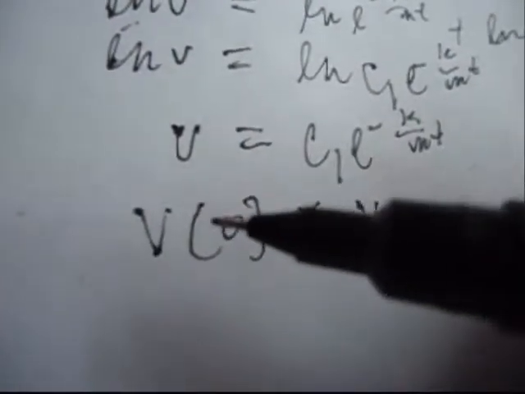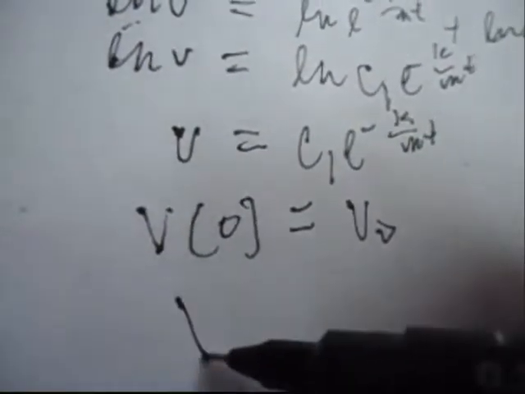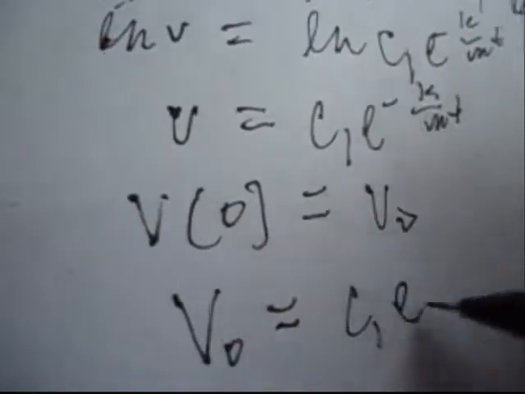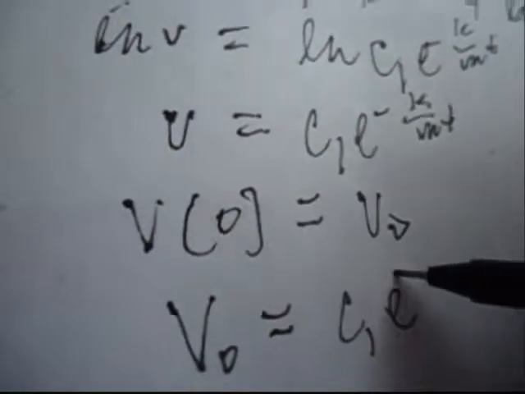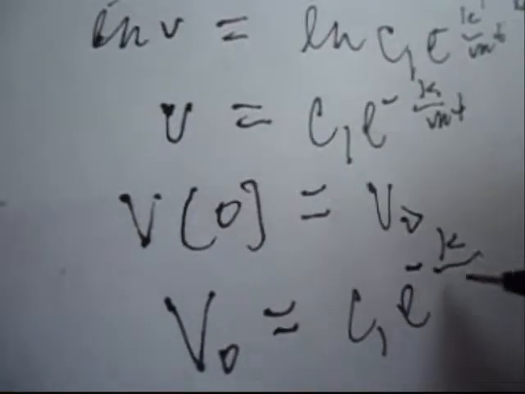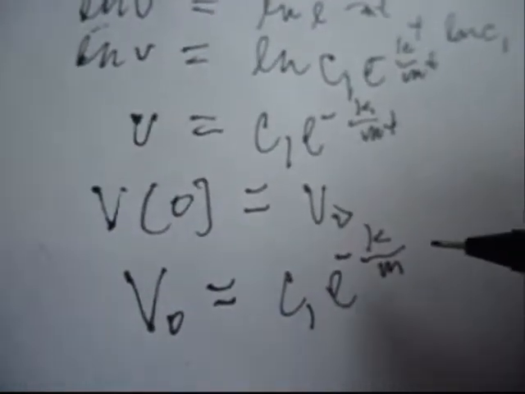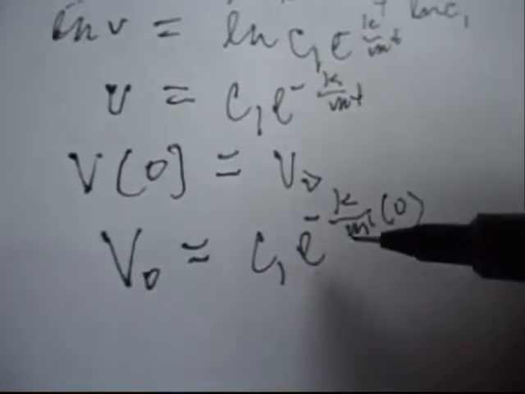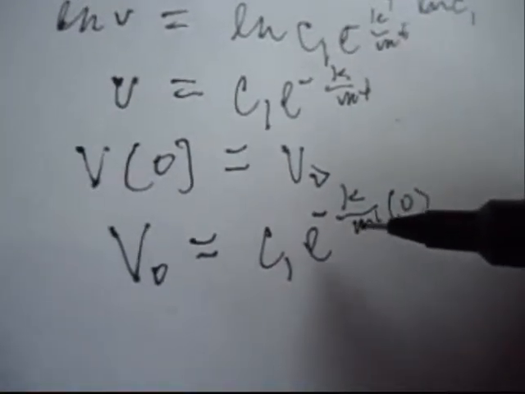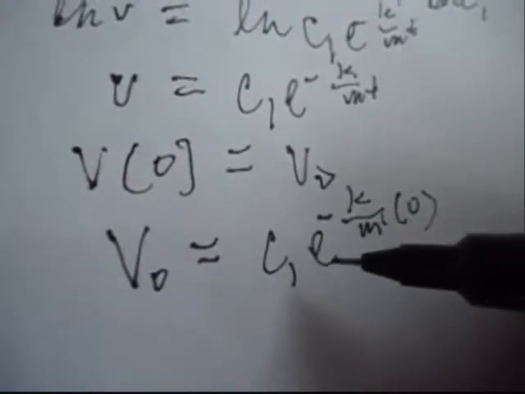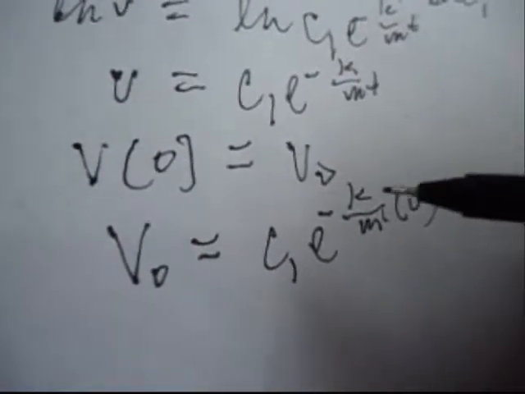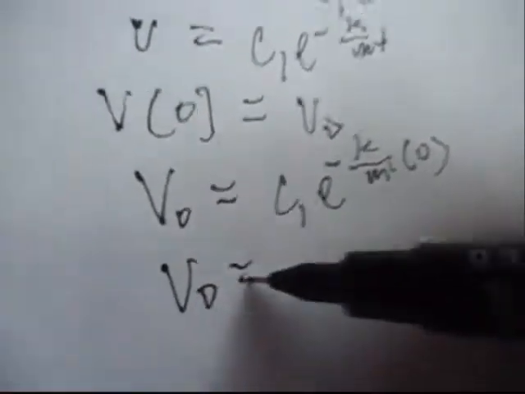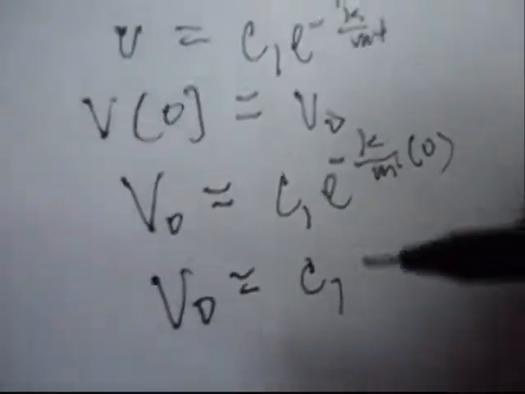So we have the velocity v sub o equals c1 times e to the power of negative k over m times t, where t is equal to 0. So this will become e to the power of 0, so it will become 1. So we have v sub o is equal to c1.